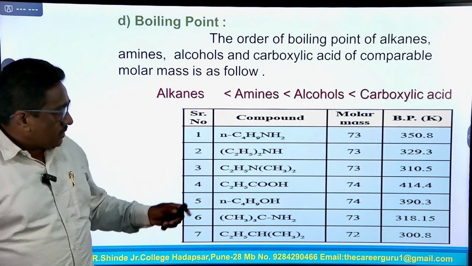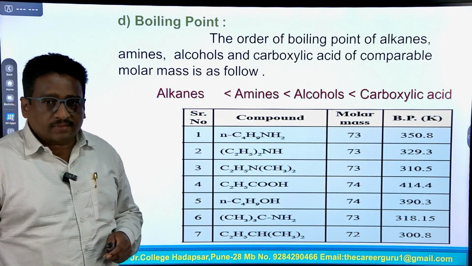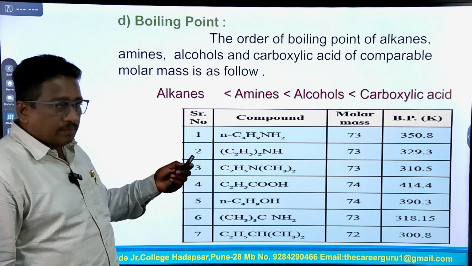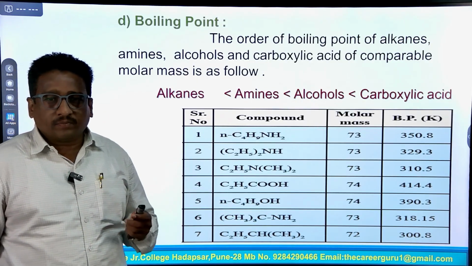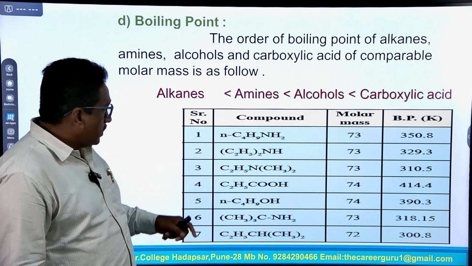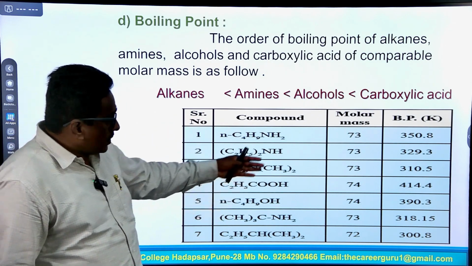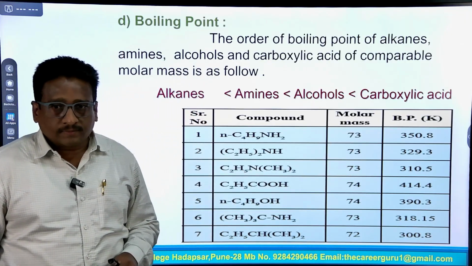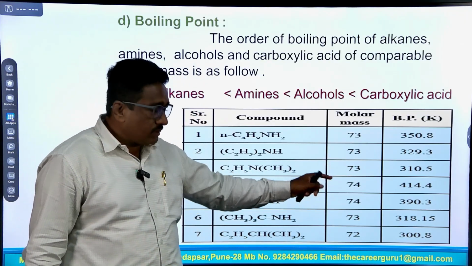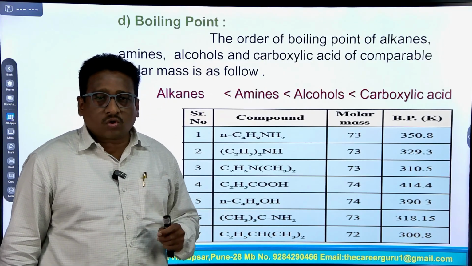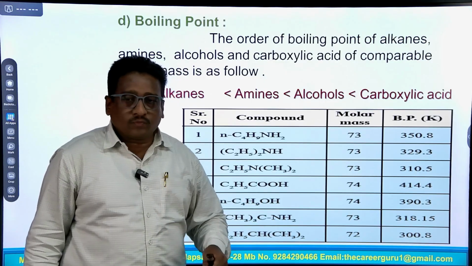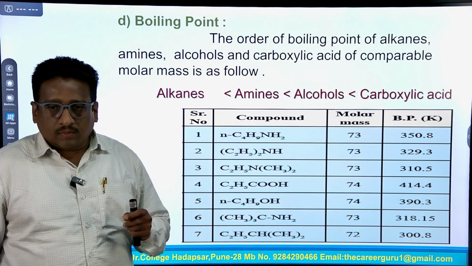Look at this chart: some examples of carboxylic acid, alcohol, amine and alkane molecules. These are the structures, their molar mass and their boiling point. Carboxylic acid has the highest boiling point because they form the strongest bonding between two molecules, 414 degrees Celsius.